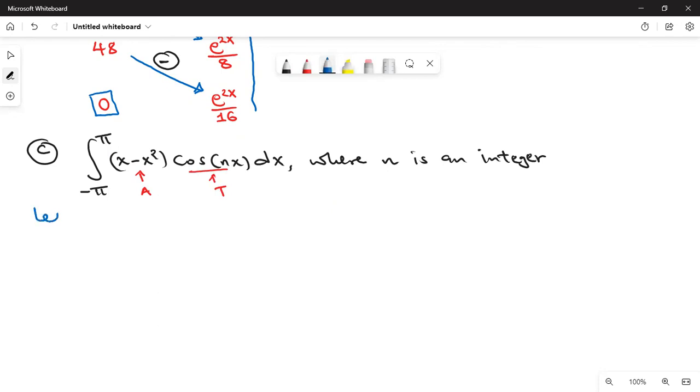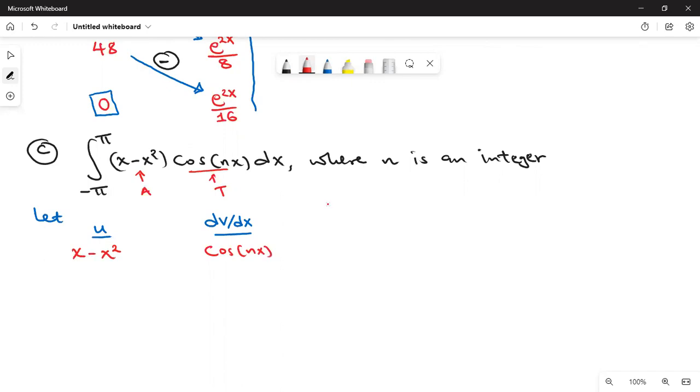We're going to say let u, we'll have u, and also another column for dv over dx. So we are going to say let u be equal to x minus x squared. And the other one will form dv. So that is cosine of nx.